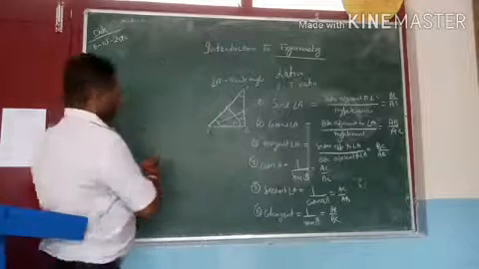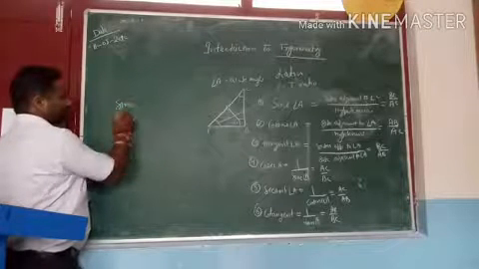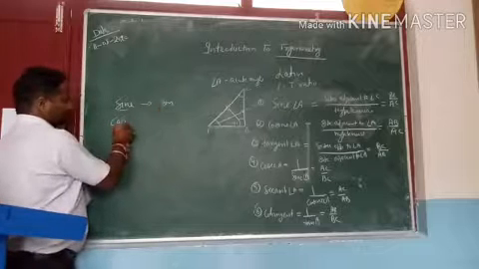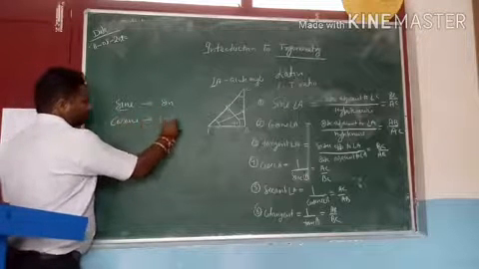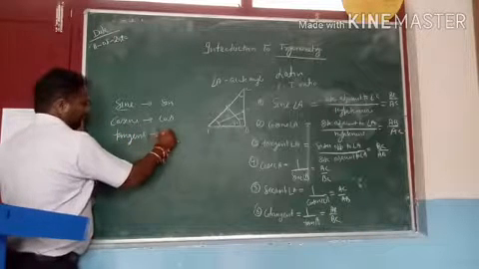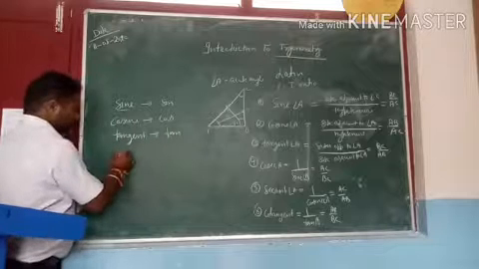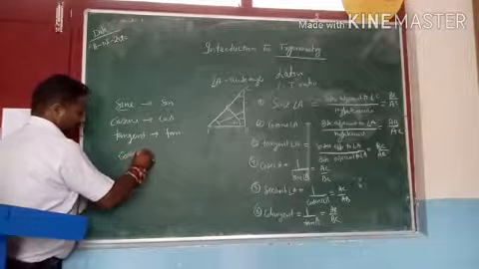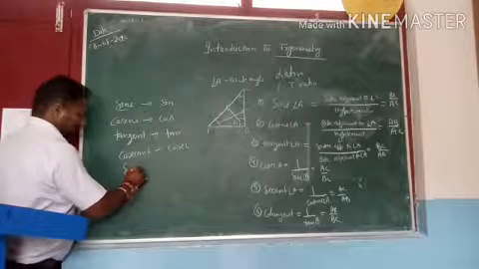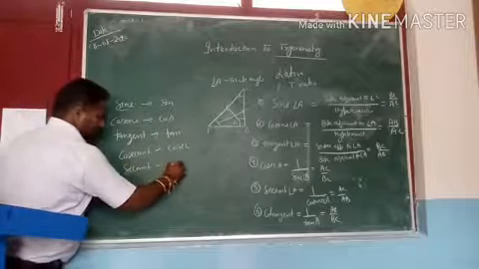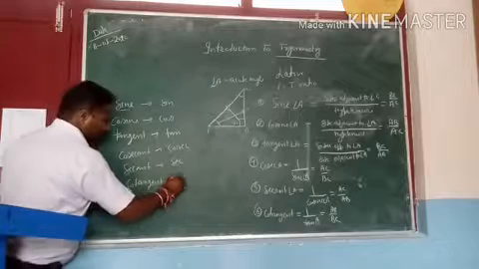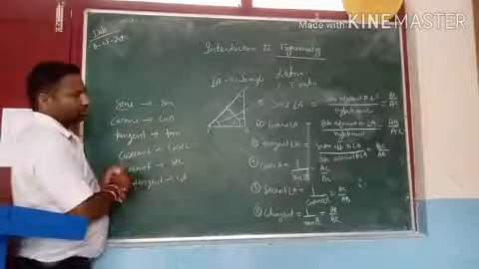One more thing: there are short notations. The short form of sine is sin, cosine is cos, tangent is tan, cosecant is cosec, secant is sec, and cotangent is cot.